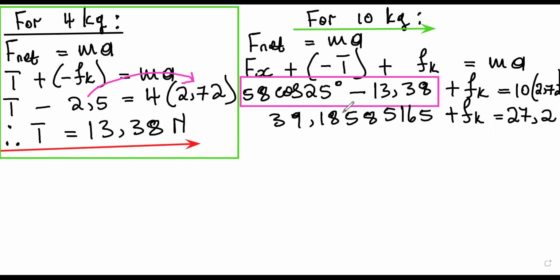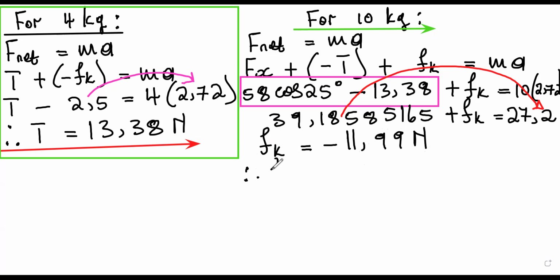So now it's time for you to take 39 point dot to the right-hand side, and it becomes negative. So when you say 27.2 minus 39.18585165, well, you find that your kinetic frictional force, correct to 2 decimal places, will be negative 11.99 newtons.